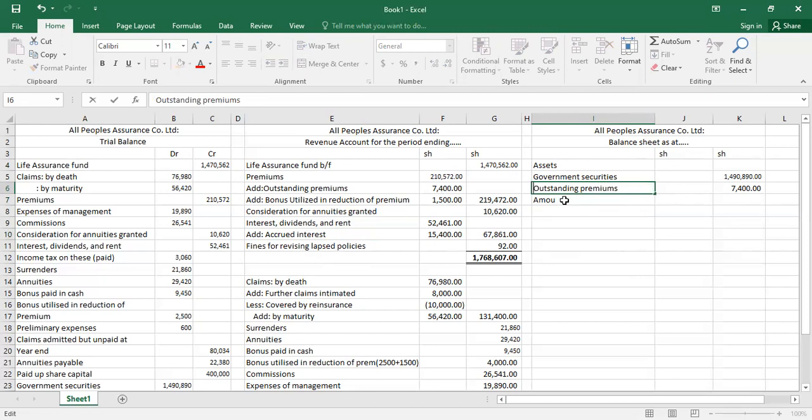Supposed to add, it is an asset. So amount due for insurance. It is 15.4.